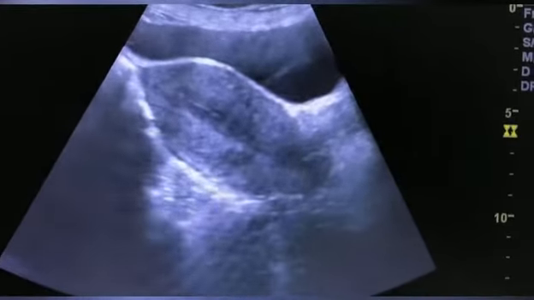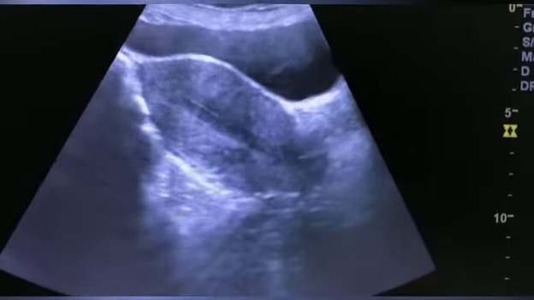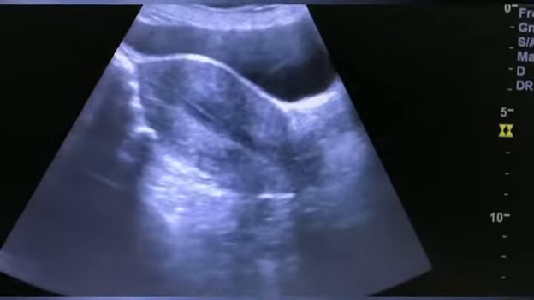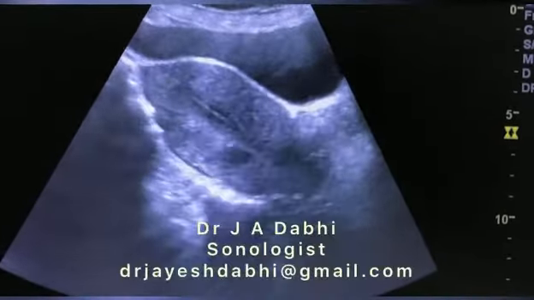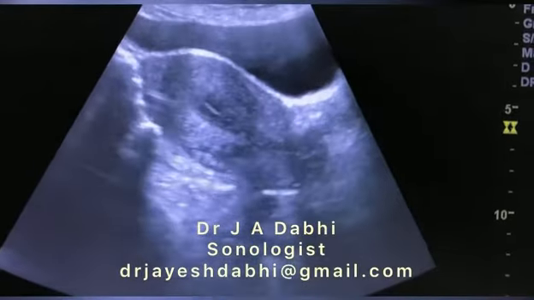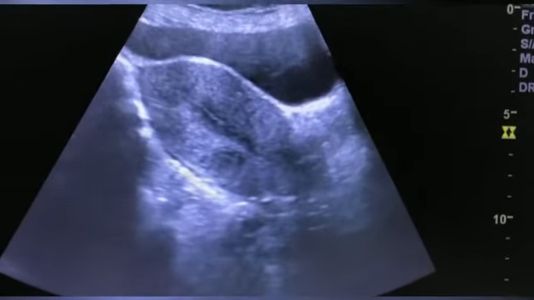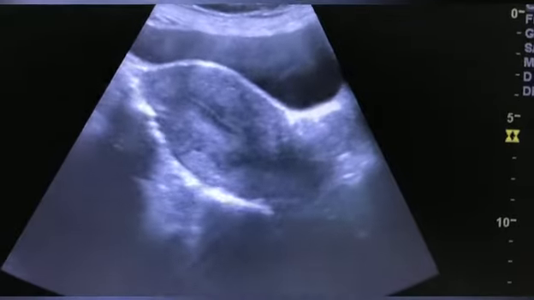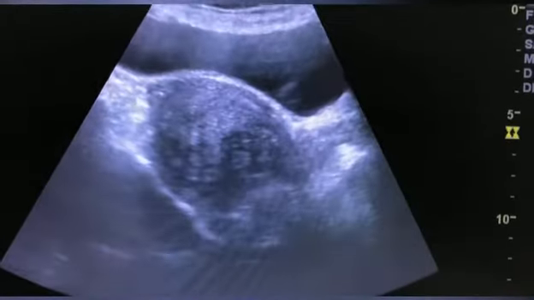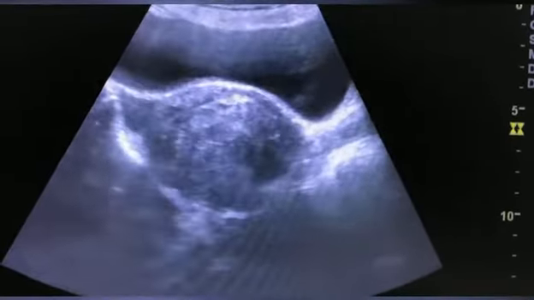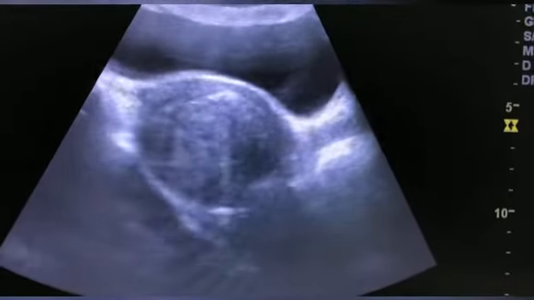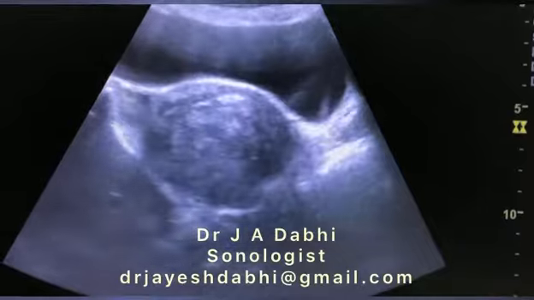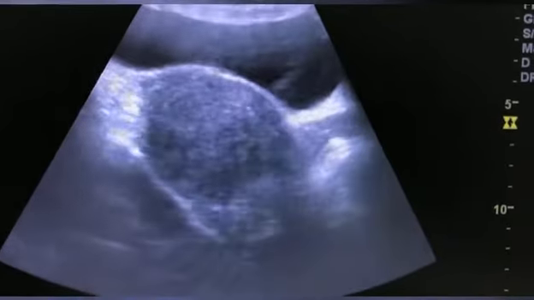You will be able to see the endometrial cavity and the cervical canal in a single view, and then you have to tilt the probe towards the right side wherever you suspect the fibroid. So this fibroid was on the right side, so I am tilting, and I am able to see this round mass if I tilt the probe towards the right side of the patient.